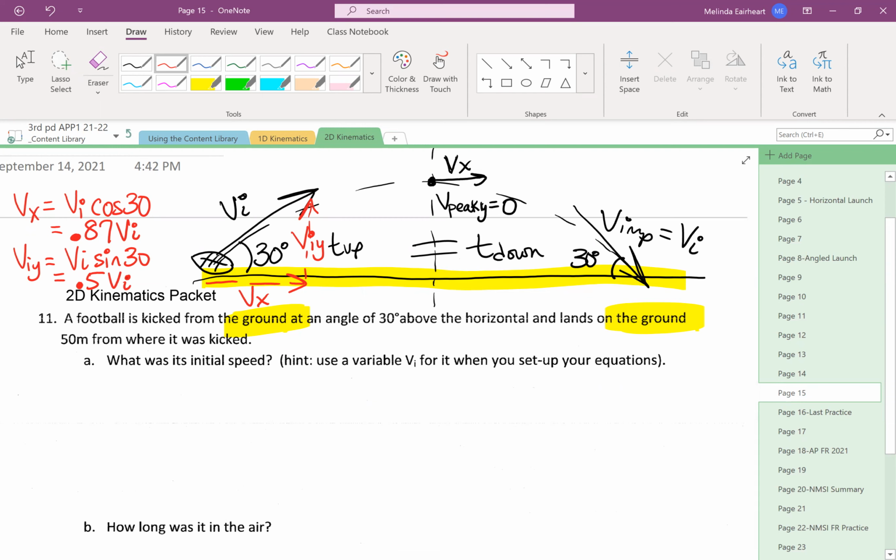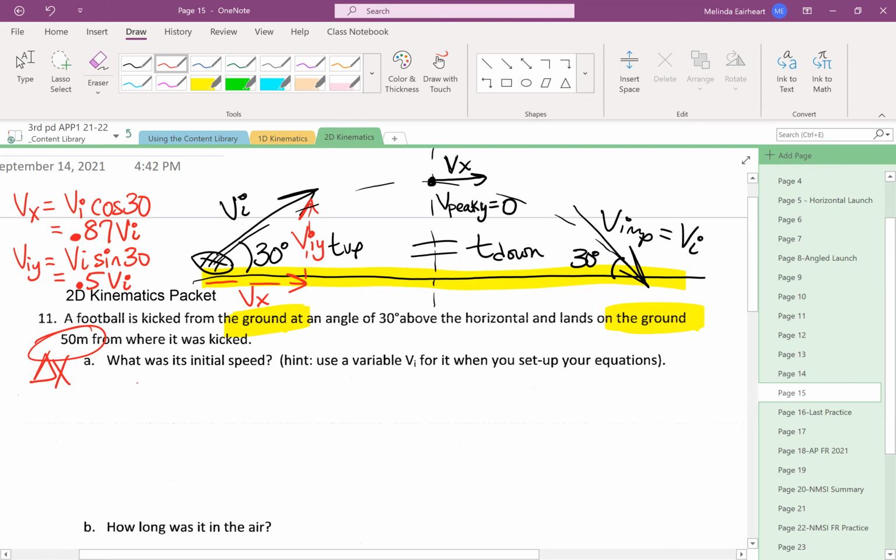So typically, imagine we did have a number, right? What are some of the things that we've done? We found time in one axis, used it in another axis, right? Well, they also did give me one more bit. They said that 50 meters is where it lands. What did they just give us? What is 50 meters? Range.